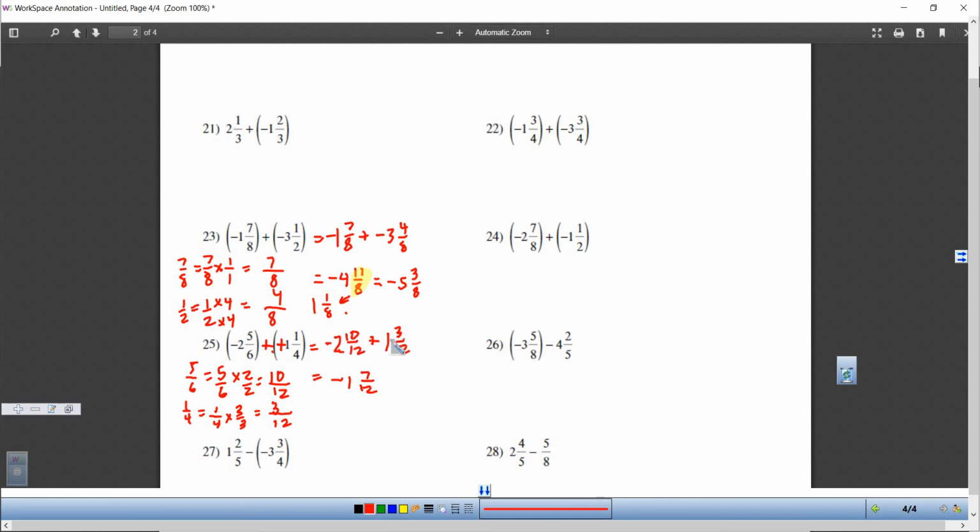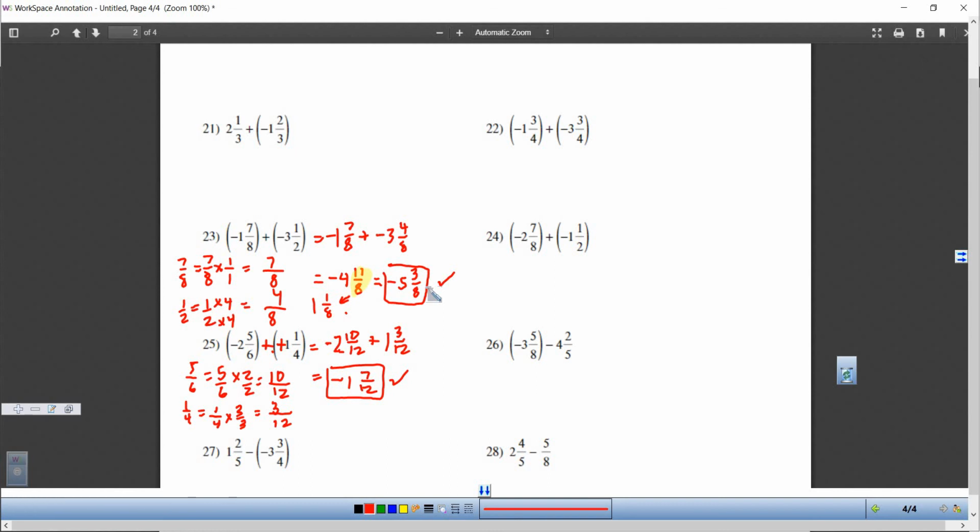Negative 2 10/12 plus positive 1 3/12. Again, 2 minus 1 is 1. 10 minus 3 is 7. And there is our answer. And by the way, 7/12 doesn't simplify. I haven't mentioned it, but all of these answers, when we got them, were already simplified. We didn't have to worry about simplifying them when we were done.